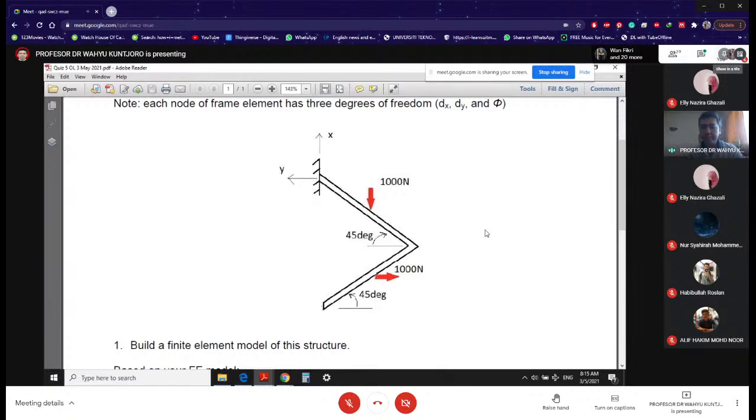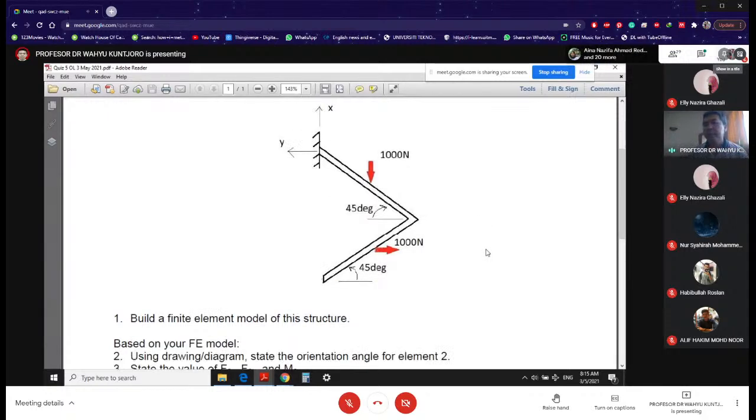Remember, this is a frame. Please take note of the angle of the component, and we have two applied forces. One is over here, and the other one is over here. That is the first thing that you have to do: build the finite element model of this structure.